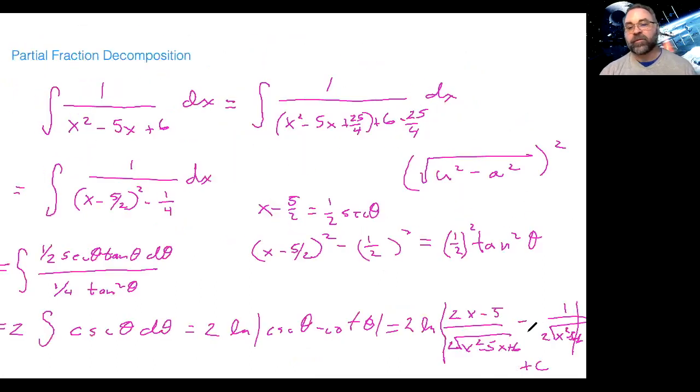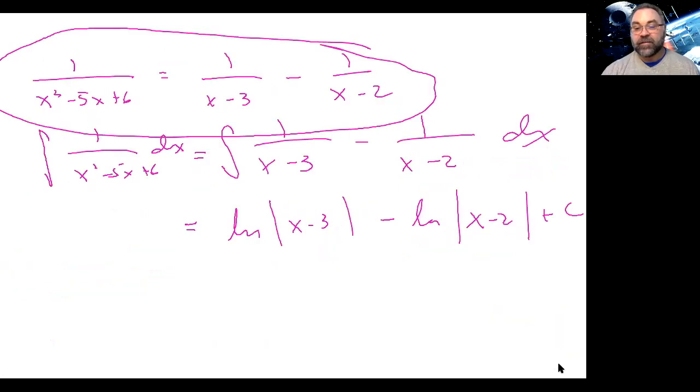There's some simplifying you can do: these terms can be added together, and you can use properties of logarithms. I guarantee at the end you will get natural log of x minus 3 minus natural log of x minus 2, which could be written natural log of x minus 3 divided by x minus 2.